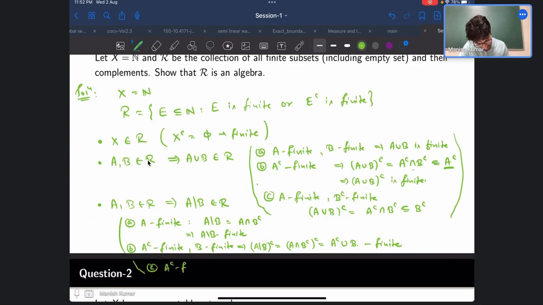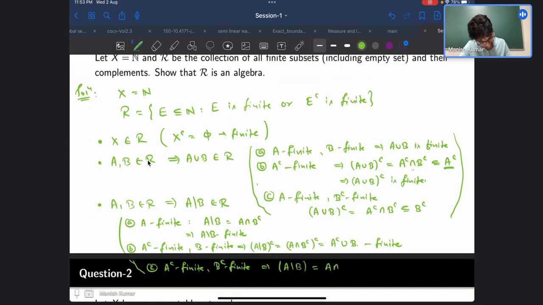Suppose A complement finite, and B complement finite. If this is there, A minus B, if I do, I will get A intersection B complement, obviously.